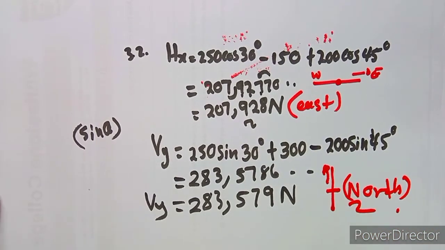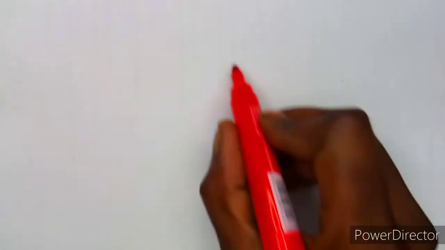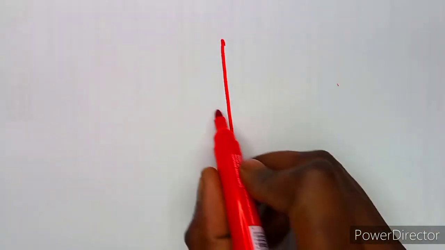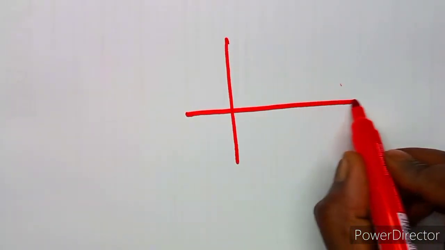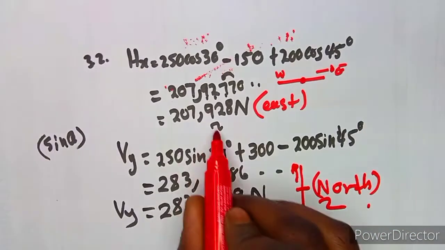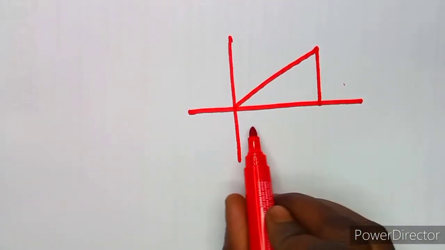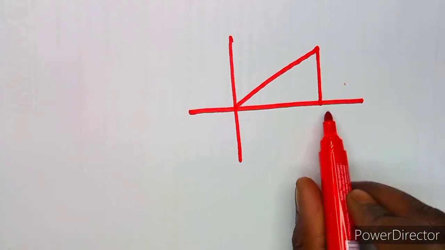So at the end, this is going to give us where we are going to find the resultant. Since this is east and north, you're going to have something like this, that is the resultant diagram now, because this one is going to the east and to the north. When they are all positive, it's only the first quadrant.